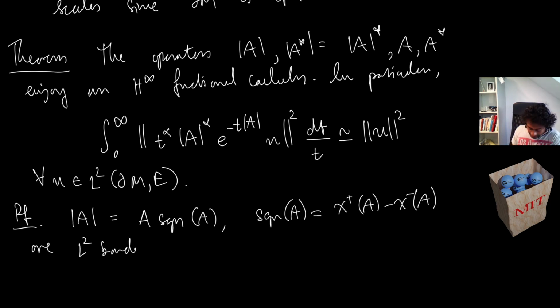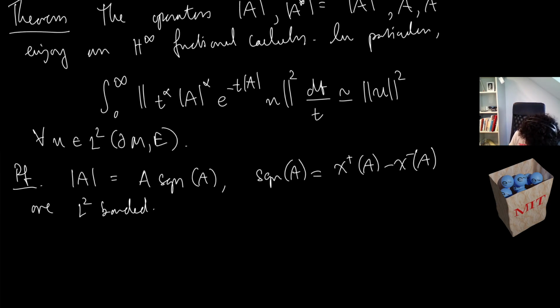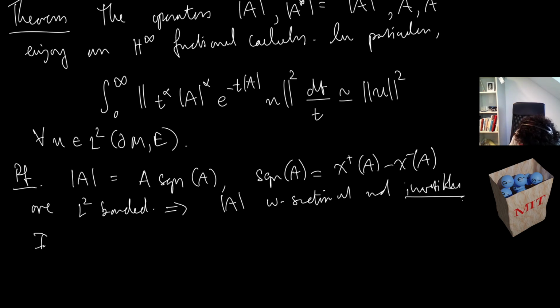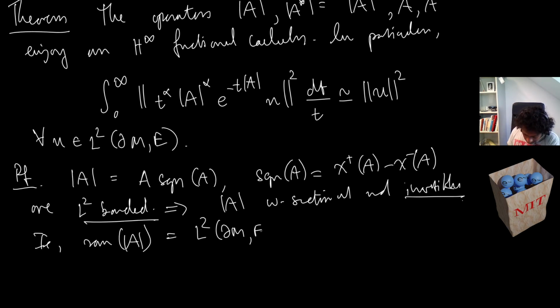So that means that modulus of A is omega sectorial and invertible, i.e. the range closure of modulus of A is equal to L2 itself.